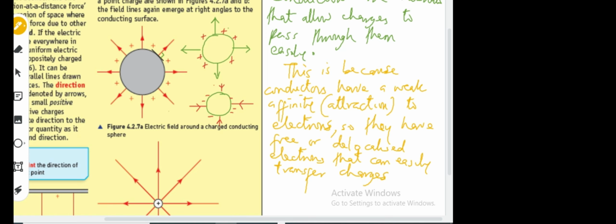That's the point. Conductors have a weak affinity or attraction to electrons, so they have free or delocalized electrons that can easily transfer charges. So when charges are transferred, by the way, when I say charges are transferred, what actually moves from one particle to another particle? That's from one object to another object.